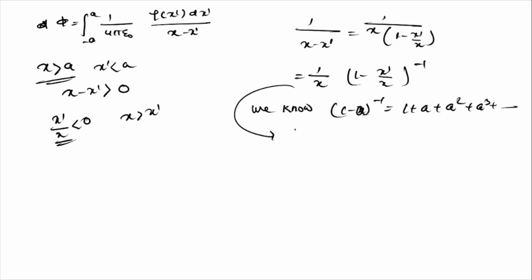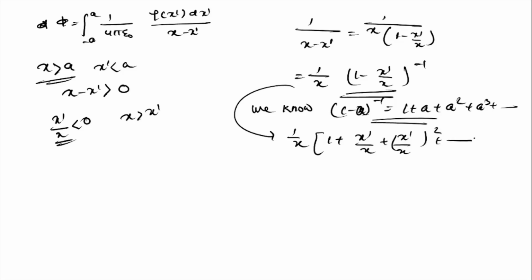So this will be 1 over x plus x prime over x square plus x prime square over x cube plus so on.